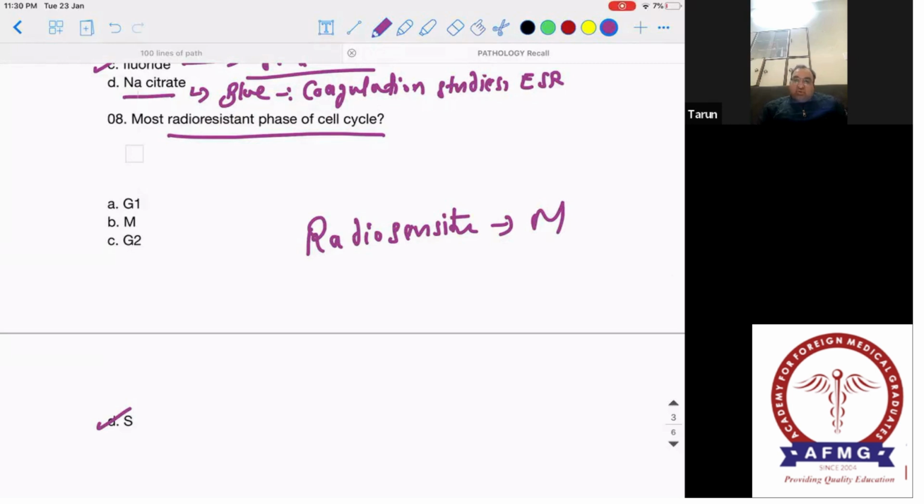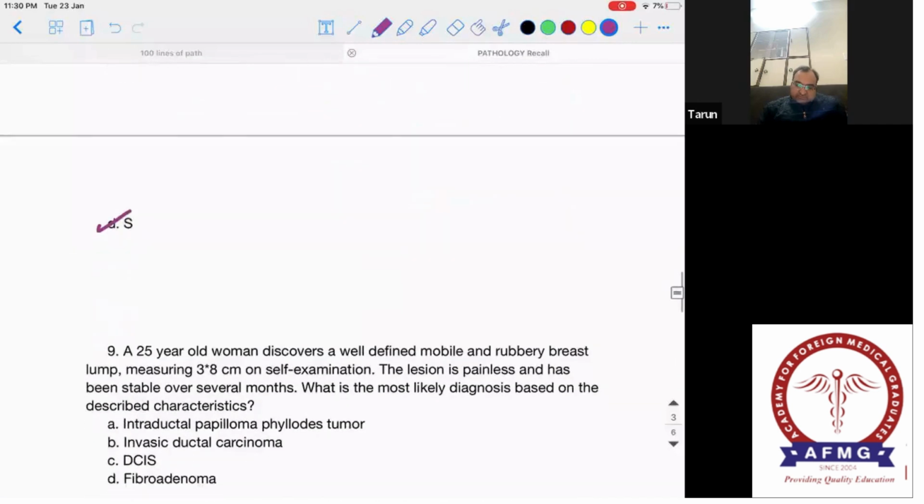So more and more mitotically active cells are more radio sensitive, and the cells which are more and more in S phase are more and more radio resistant.